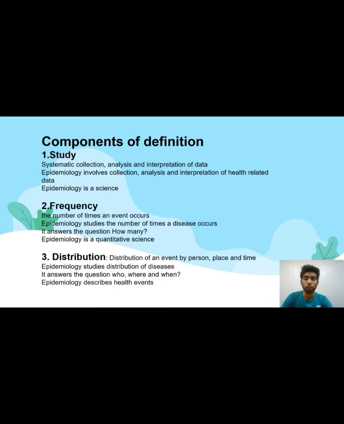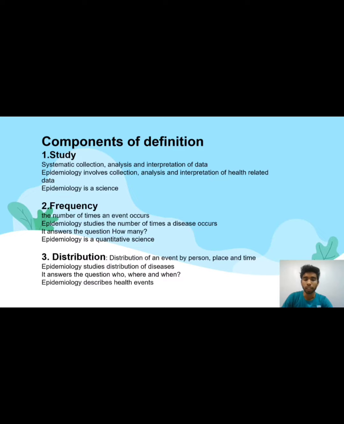Here let's see the components of definitions. What is study? The systematic collection, analysis and interpretation of data. Epidemiology involves collection, analysis and interpretation of health related data. The next one is frequency. Frequency is the number of times an event occurred.